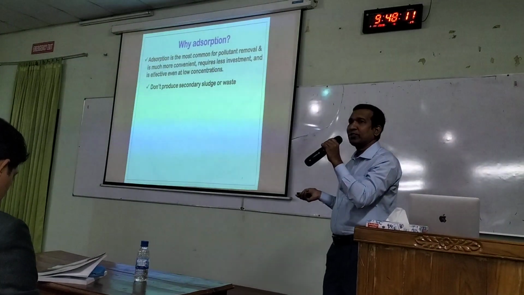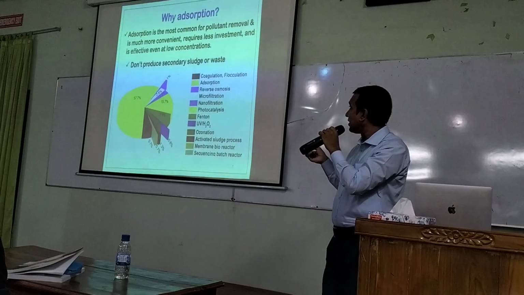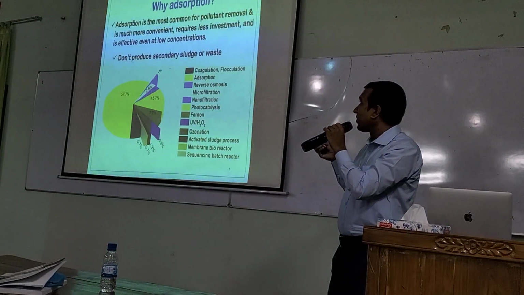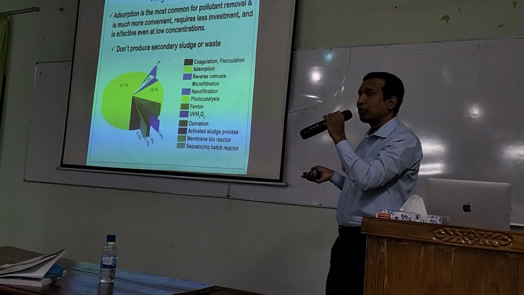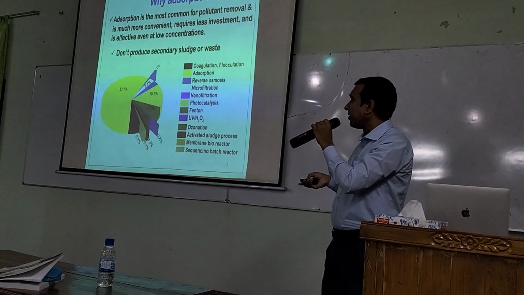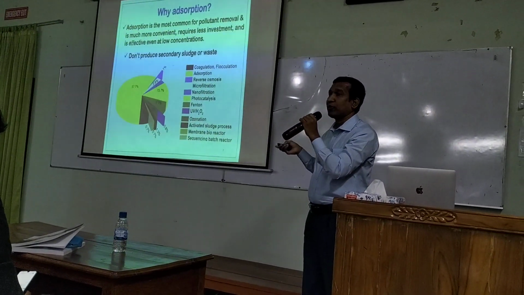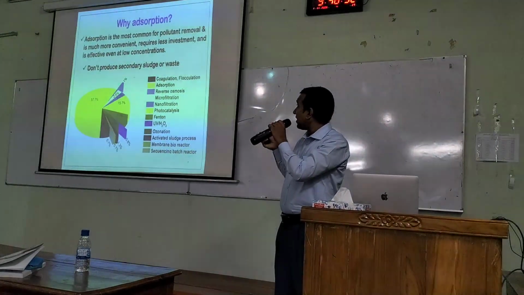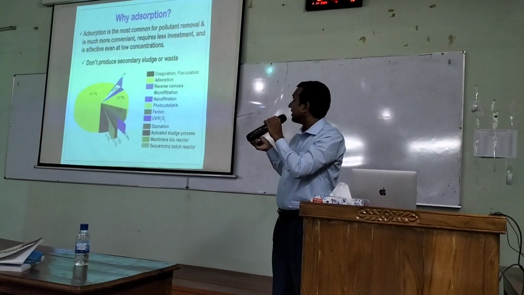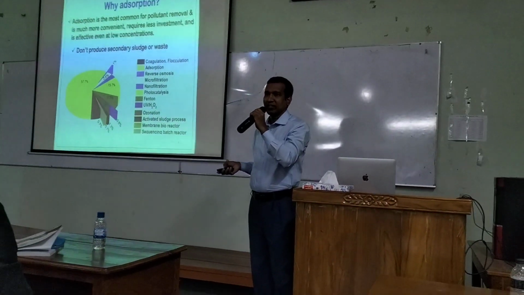And we use adsorption. There are numerous technologies for the treatment of wastewater, for example coagulation, flocculation, adsorption, reverse osmosis, microfiltration, nanofiltration. Our approach is to use adsorption because it is very simple and easy to use, and most importantly, it does not produce any secondary sludge.